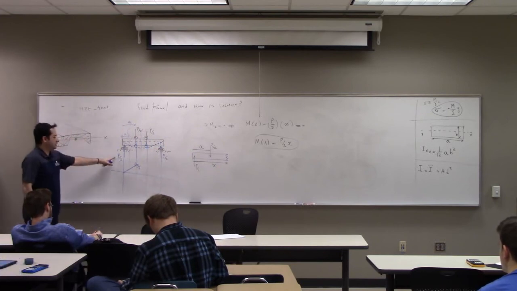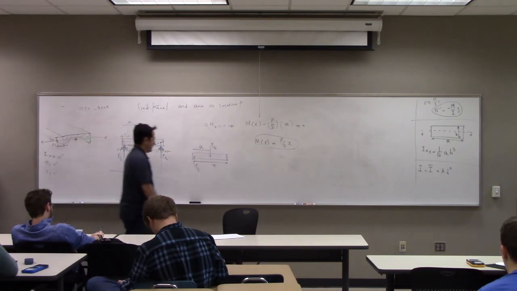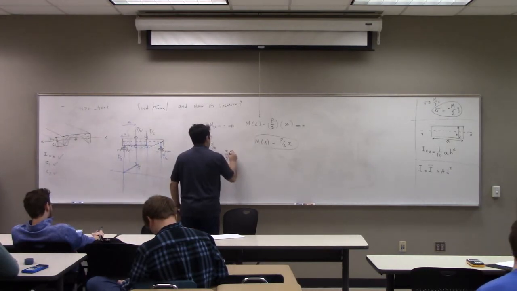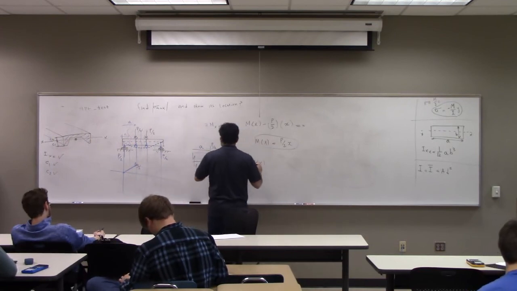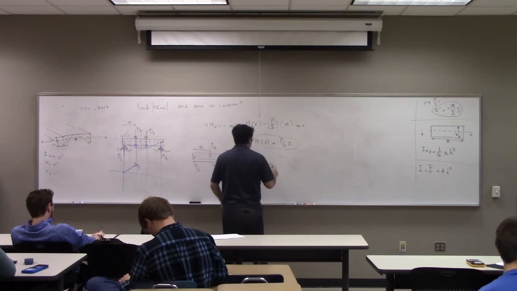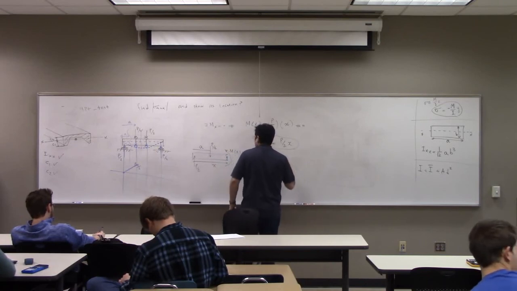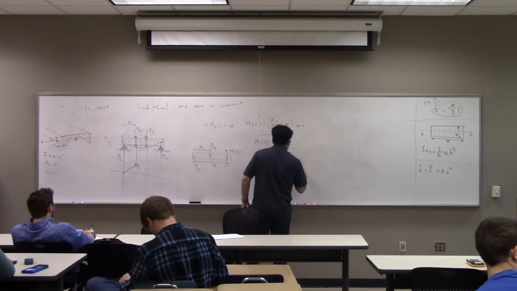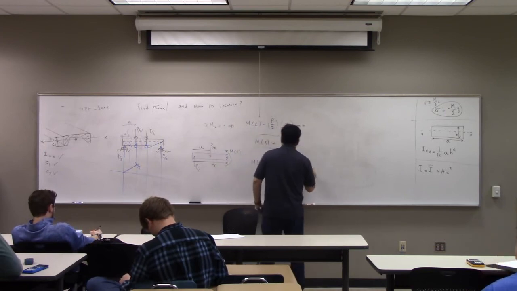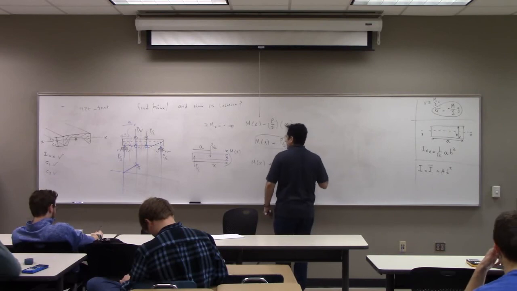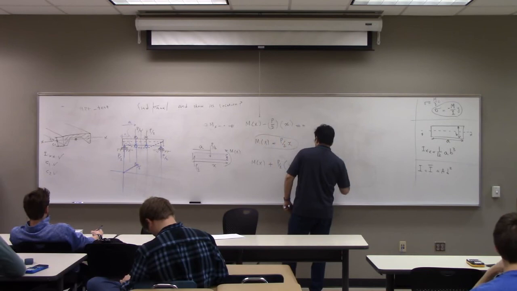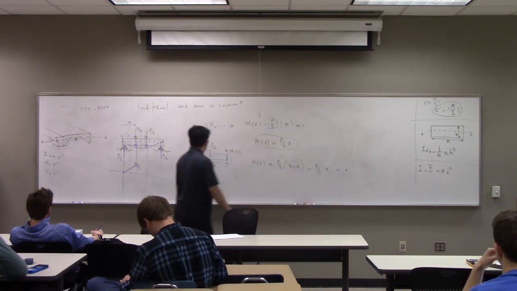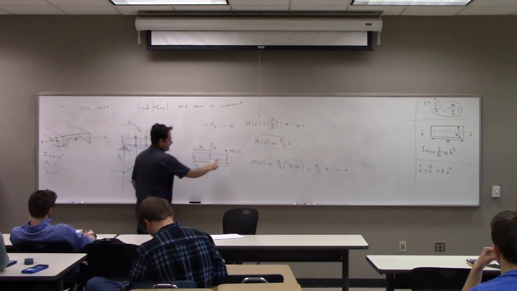So M of x, summing moments over here: M of x, plus P over 2 times (x minus A), negative P over 2 times x, is equal to 0. If I wrote it correctly.